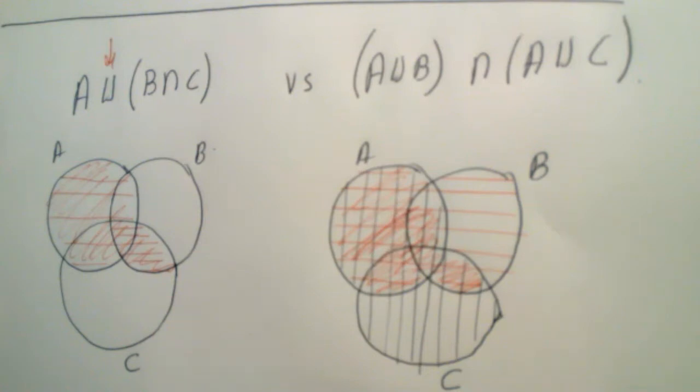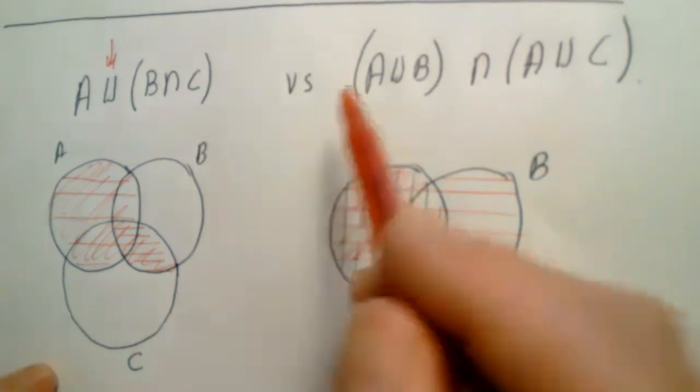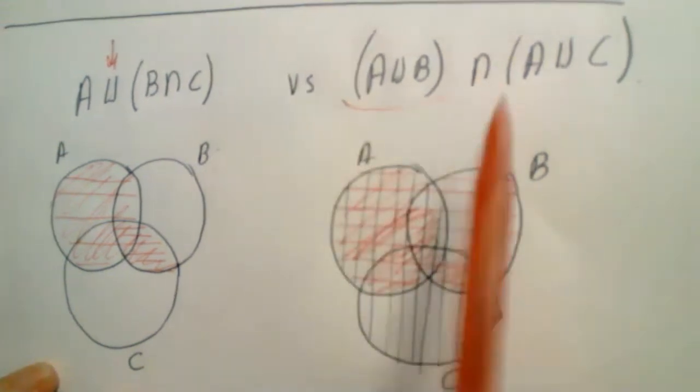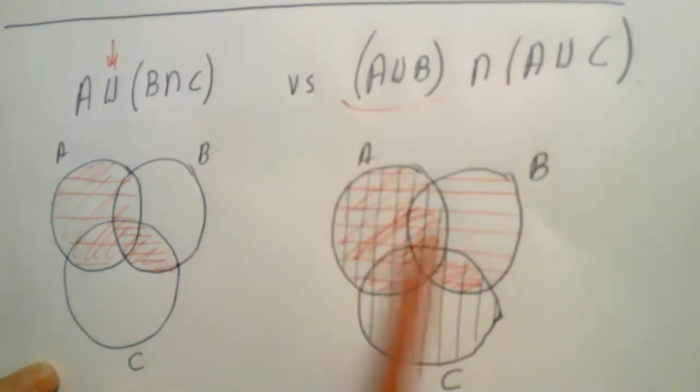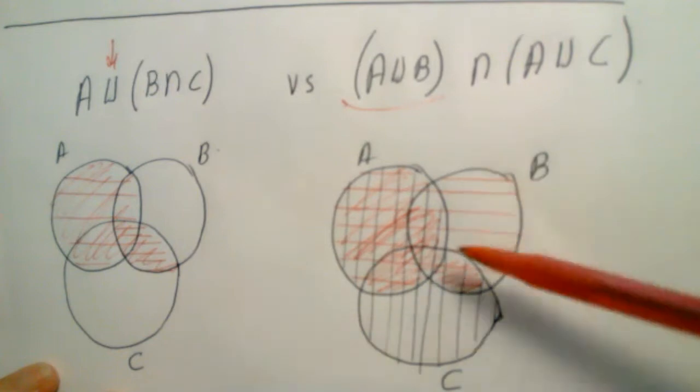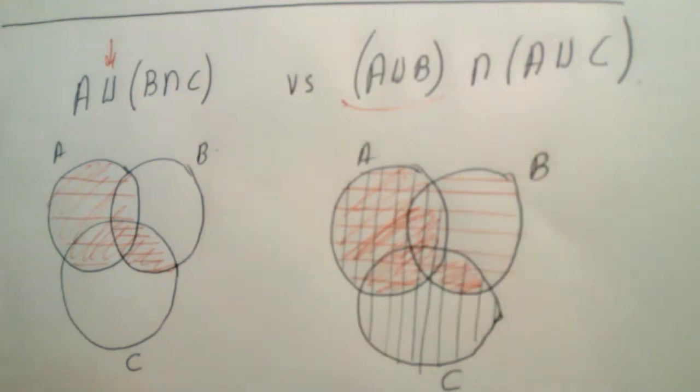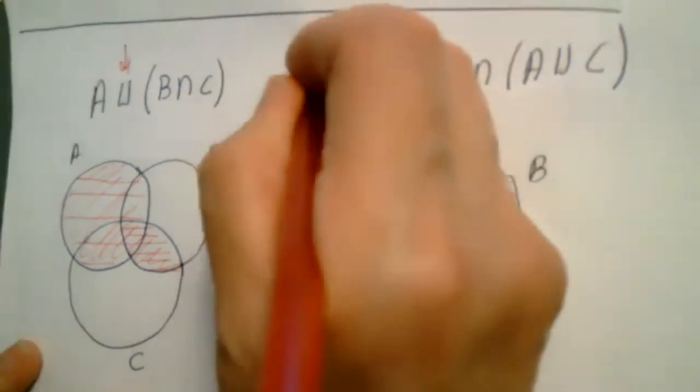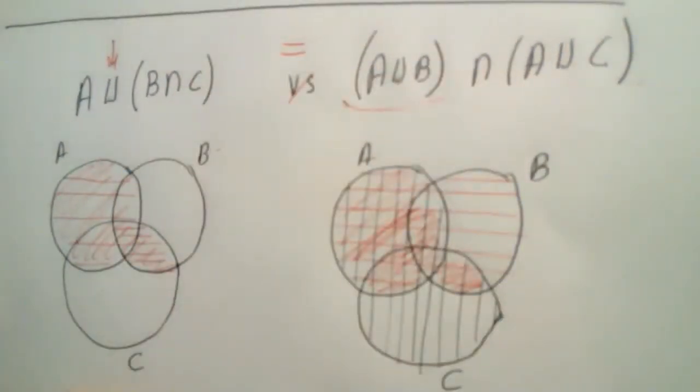So for those of you who drew it, make sure you see what went wrong. The way you draw this: because there's an intersection, you take A union B, and then you take A union C differently, and then you see what's in common. According to this, they seem to be absolutely equal to one another.